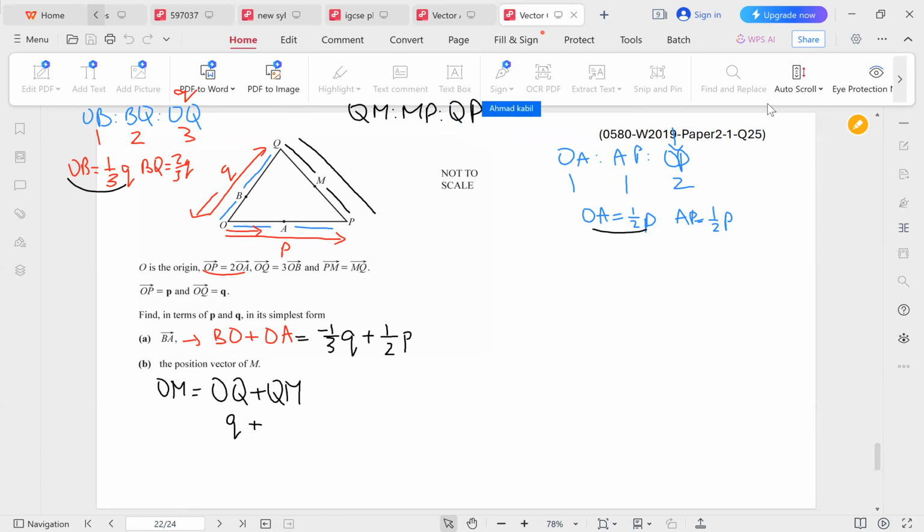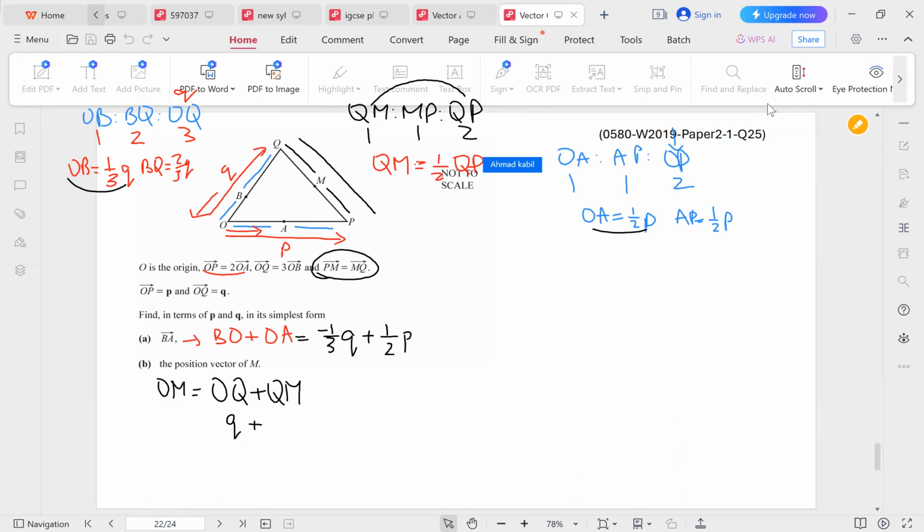QM, MP, and QP. Now, the ratio here is dependent on the fact that PM equals MQ. So you're given here PM equals MQ in terms of length. So therefore, the ratio here is 1 to 1, and the total would be 2. So we are interested in QM, so let's link QM to QP. QM is equal to half of QP.